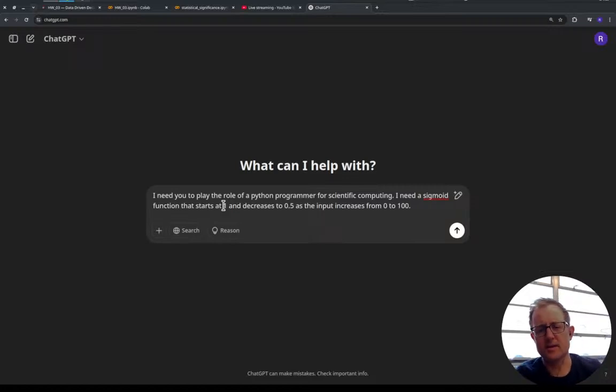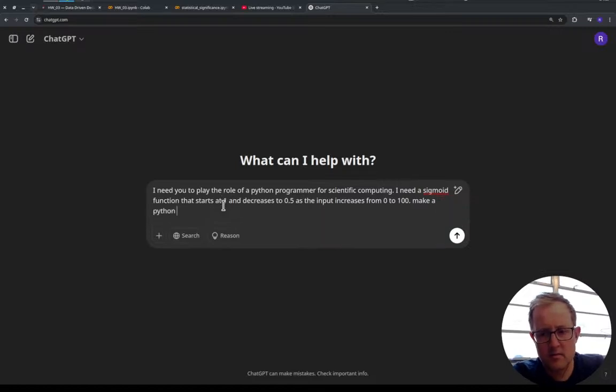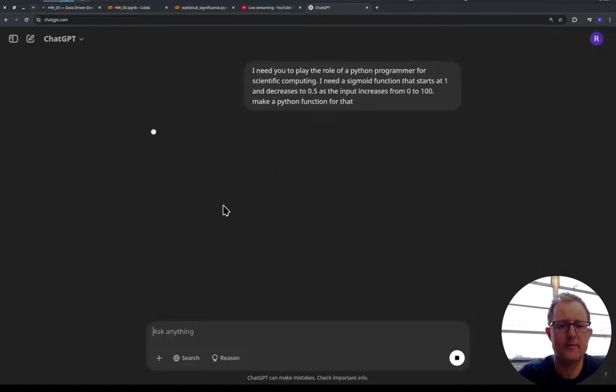So at the first 2-3 throws, we should be at 100%, and then by the time we get to 100, maybe it's like 50%. Make a Python function for that.